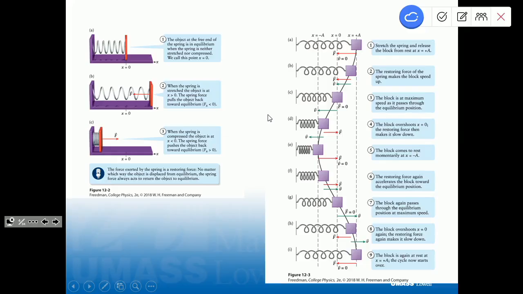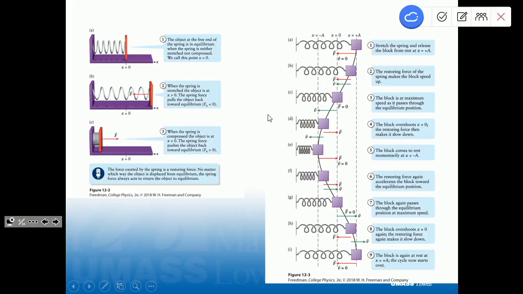A non-constant force does not produce a constant acceleration. It produces a changing acceleration. F is still ma. So all that kinematic stuff does not apply, which is why this becomes mathematically difficult. And we'll see how to tackle that.